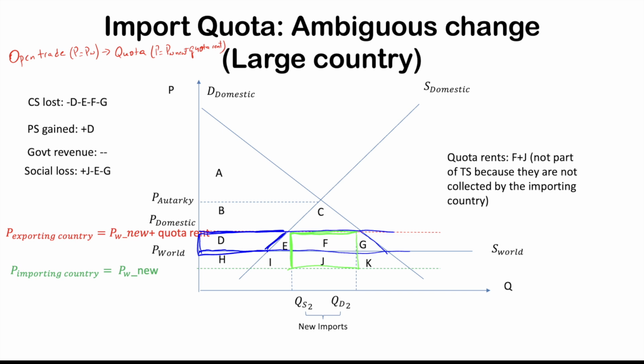So somebody does collect quota rent, but they're not part of our total surplus in our country because they're not collected by the importing country. They are collected by the foreign producers.